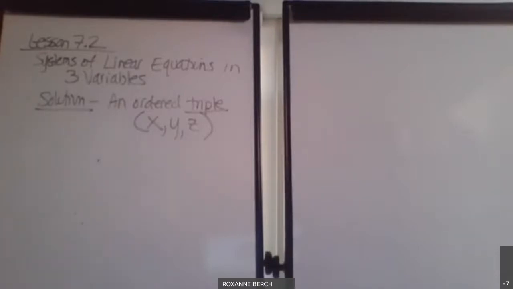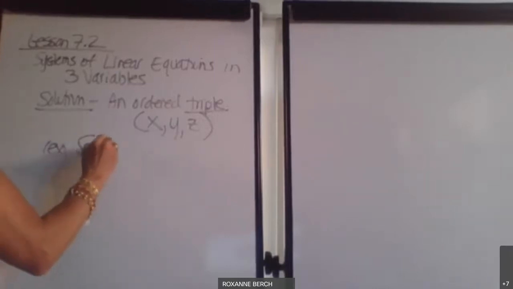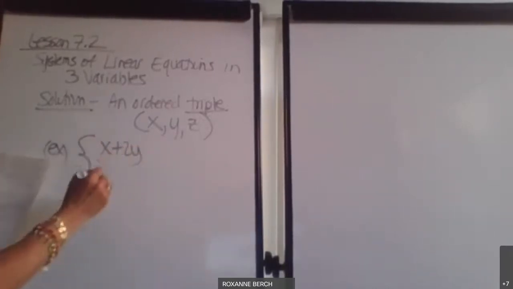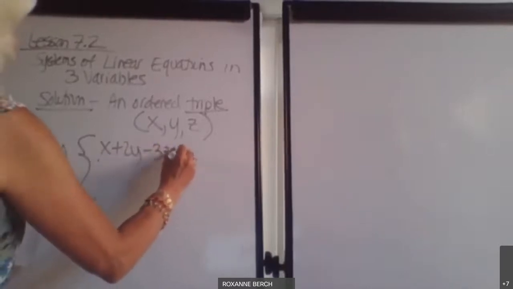So we're going to do the same thing, though, that we did before. Given a system of equations in 3 variables this time, you would have x plus 2y minus 3z equals 9.